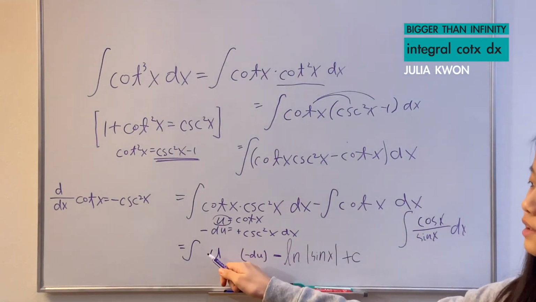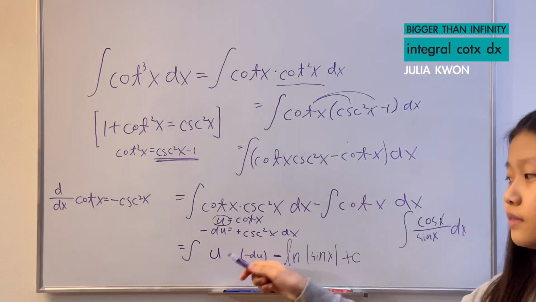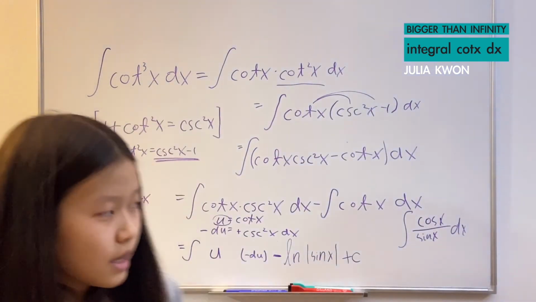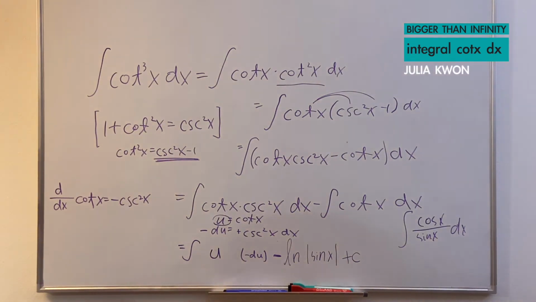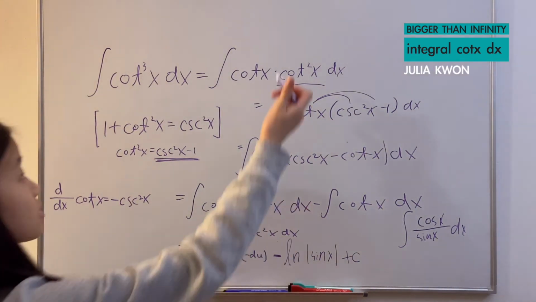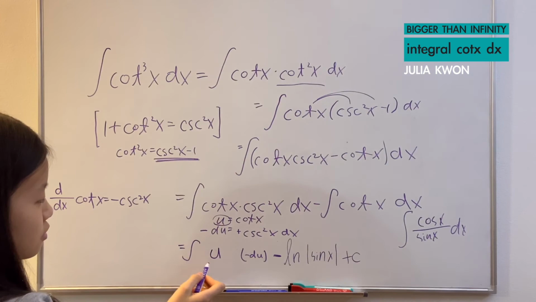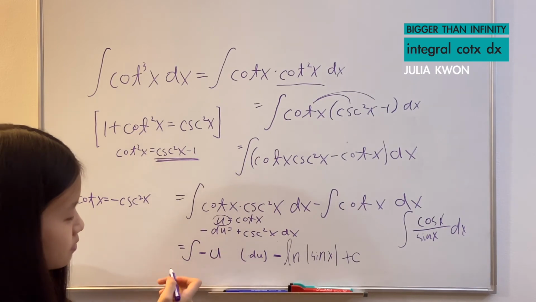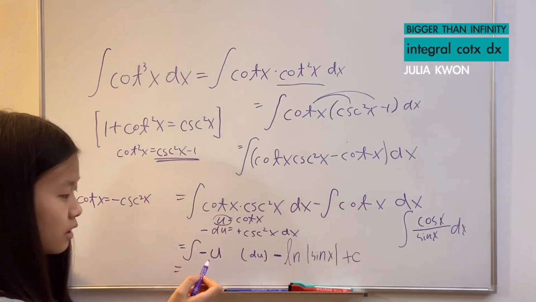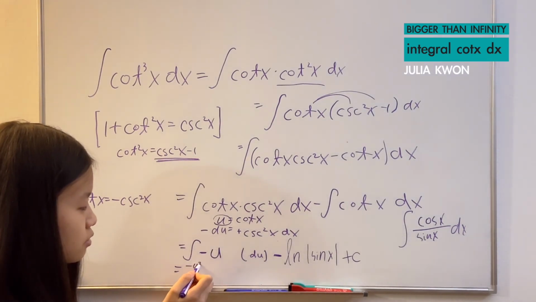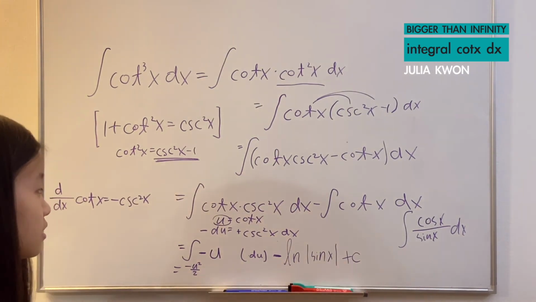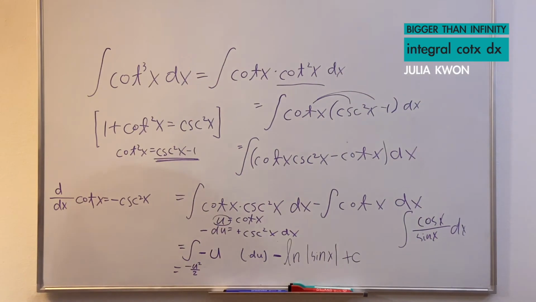Now we still have to take the integral of u and minus du, so I'm going to actually write the answer on the top here. The integral of negative u is equal to negative u squared over 2 plus c, but we already have the constant here, so we don't really have to write it again.